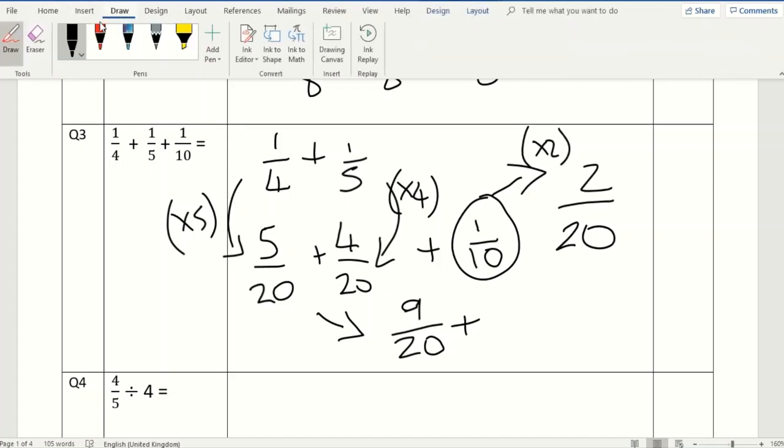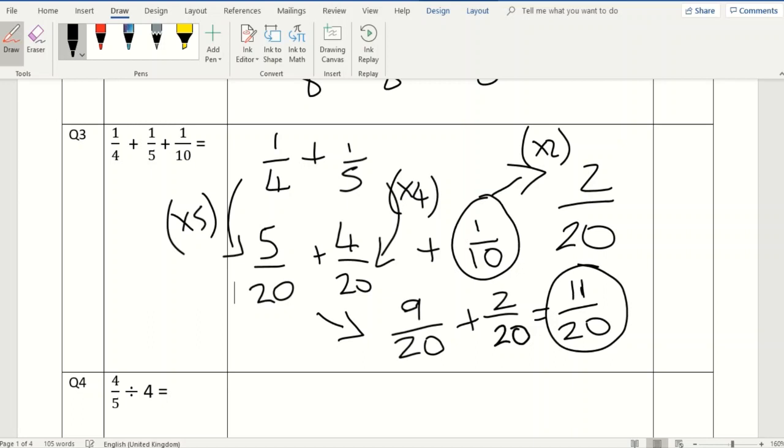I'll just erase this part. Okay, 9/20 plus 2/20 gives us 11/20, and that is our final answer there.